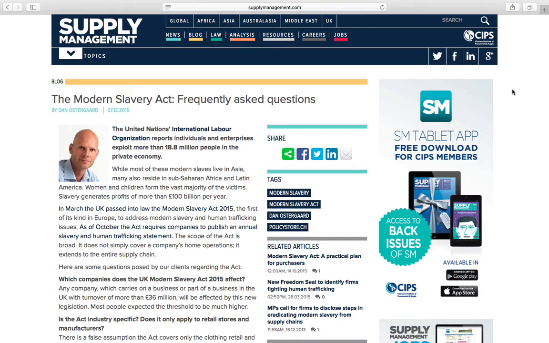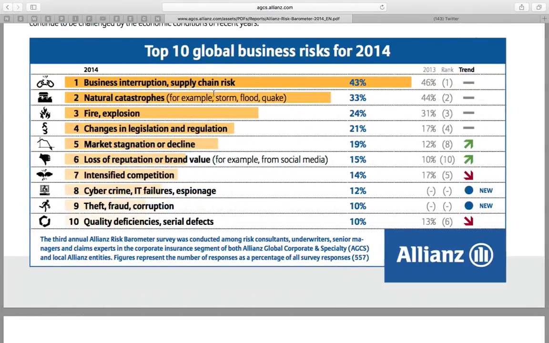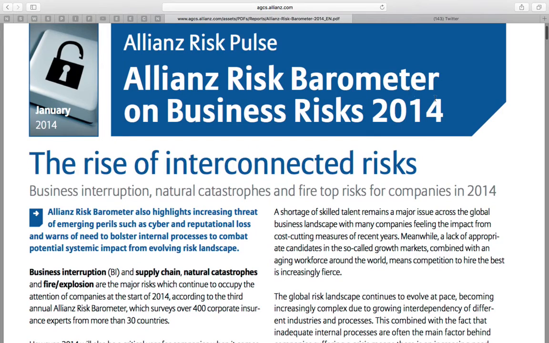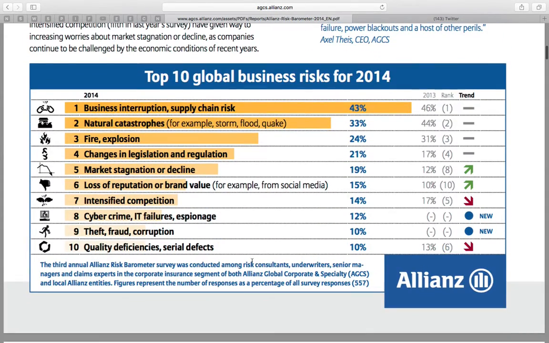I want us to start thinking about visibility, traceability, risk and resilience. Which brings us to our last piece of pre-reading, the Allianz Risk Barometer for 2014, where we are going to concentrate on areas 6, 8 and 9, which make up 37% of global business risk.